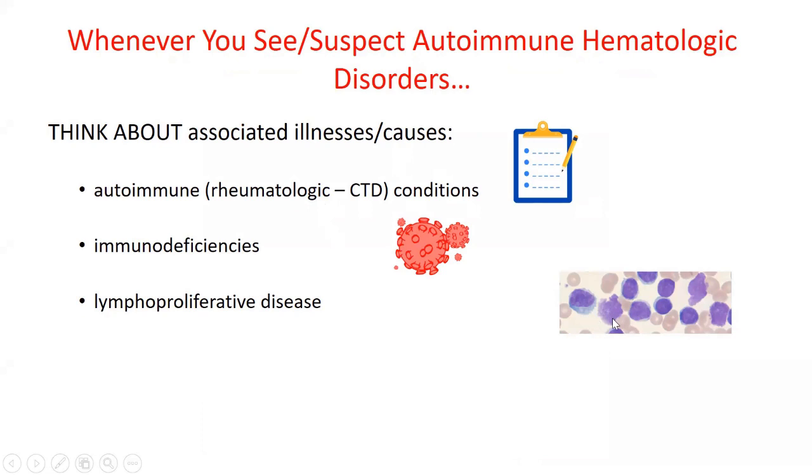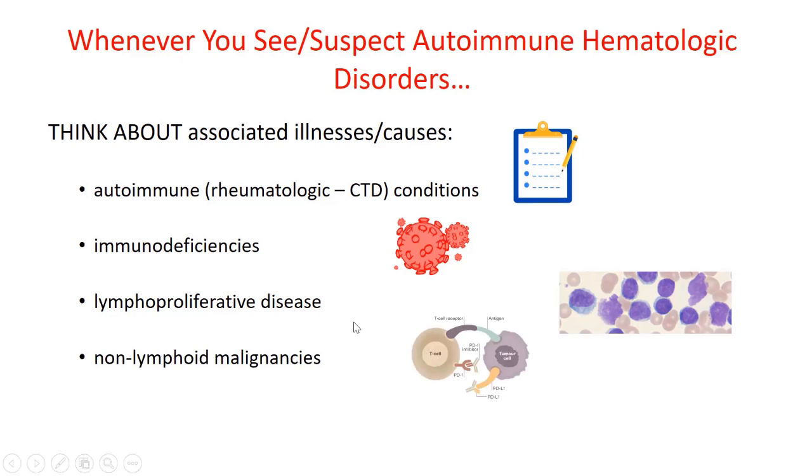Might his blood film show the smudge cells of CLL as the aberrant antigen presenting cell that is the classic driver of various immune cytopenias? Are there other non-lymphoid malignancies where this is a paraneoplastic presentation? Or are these cancers undergoing treatment with checkpoint inhibitors that have unleashed this and or other kinds of autoimmunity?